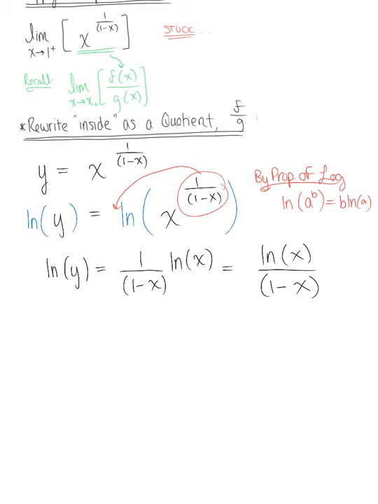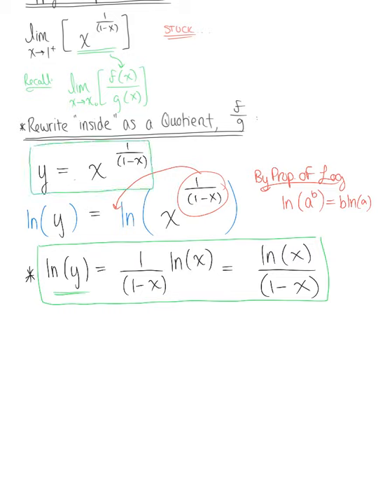We'll just need to be careful here. The quotient that we're using is not the original expression. Notice we have on the left-hand side the natural log of y, so we'll need to make sure to remove that so we can get back to where we started.